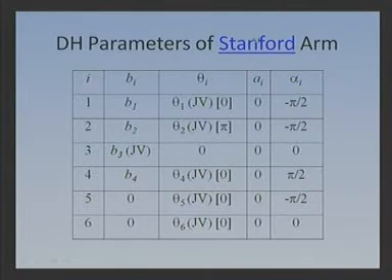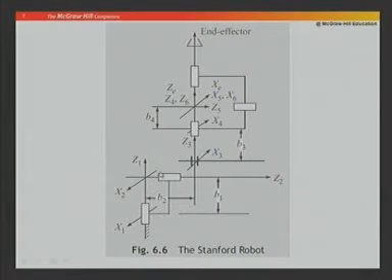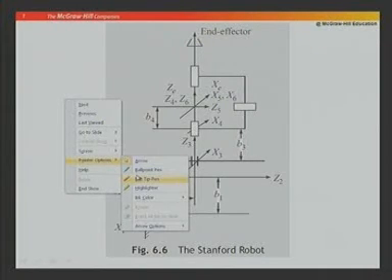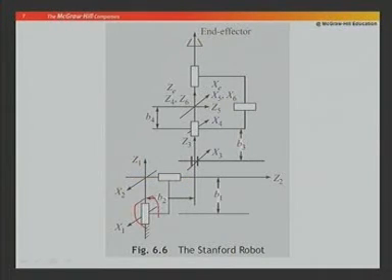Now let us look at this. The first joint is a revolute one, the second one is also a revolute one, and the third one is a prismatic one. When prismatic joints come, you may find it a little confusing.